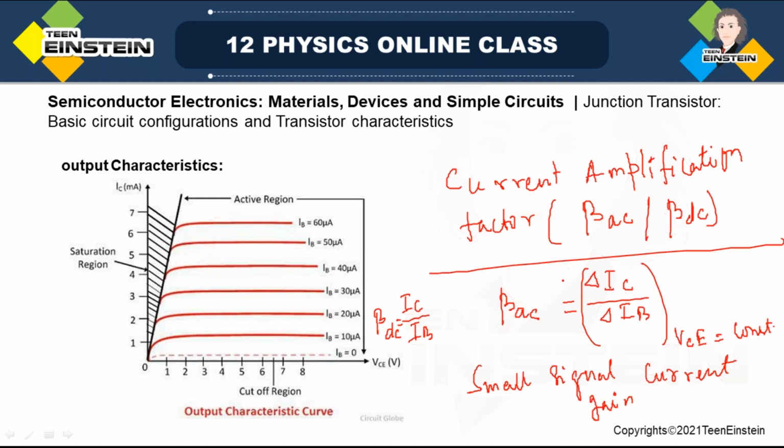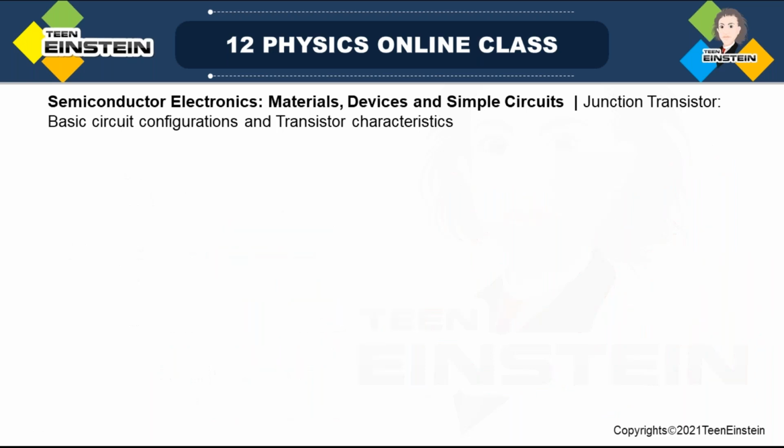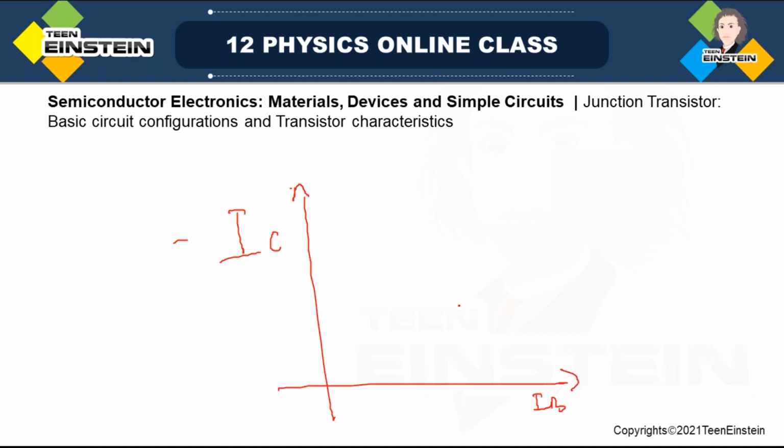Okay, we'll stop here for today. Next day we'll take up transfer characteristics. Transfer characteristics means when you draw a curve between IC and IB, output current versus input current. That is called transfer characteristics.